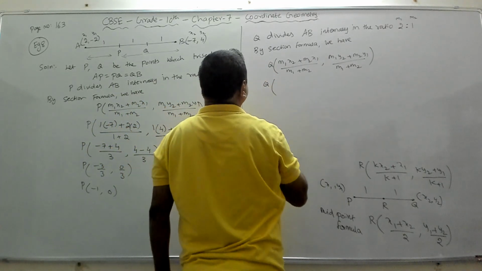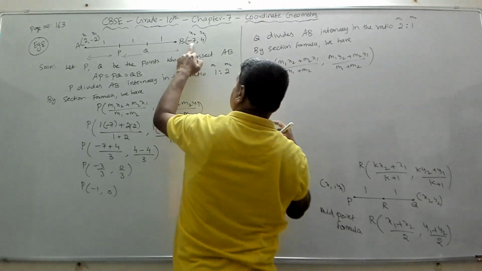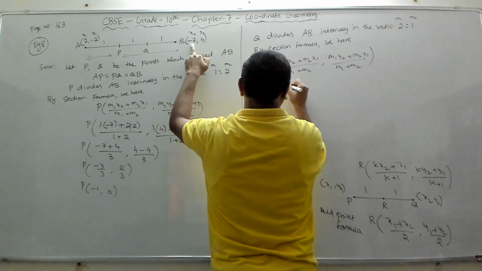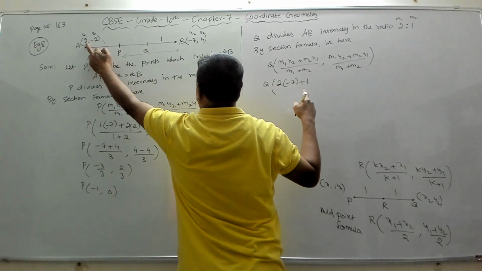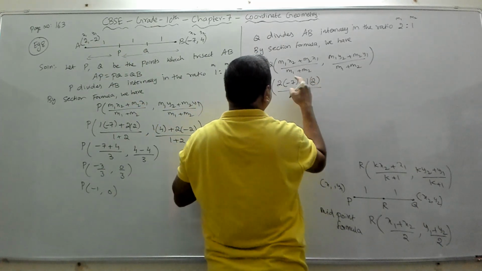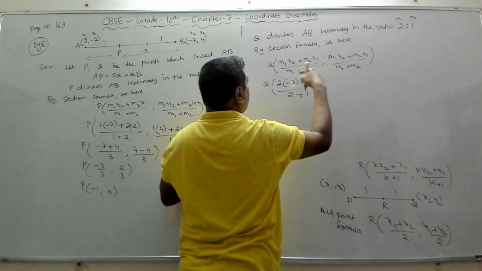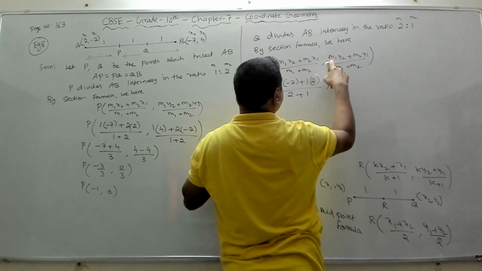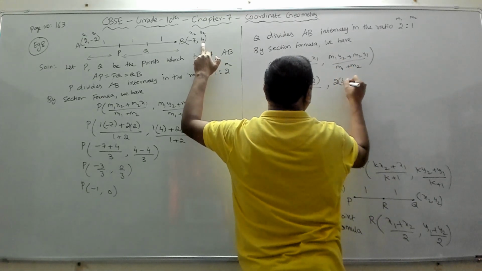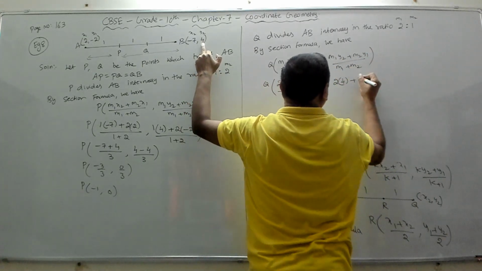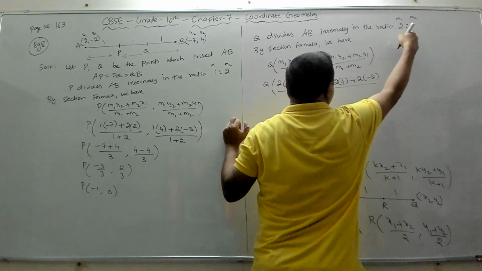So Q of m1 is 2 into x2, x2 is minus 7, plus m2 is 1 into x1 is 2, by m1 plus m2, m1 is 2, m2 is 1, so 2 plus 1, comma m1 is 2, y2 is 4, plus m2 is 1 into y1 is minus 2, by 2 plus 1.